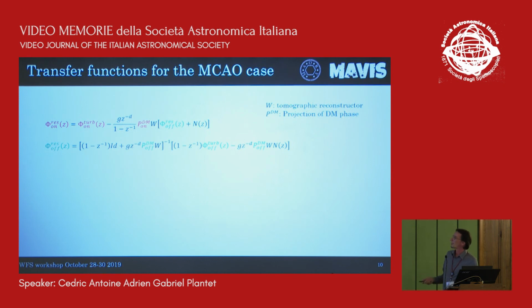And in this case, we can compute other transfer functions. So these are matricial transfer functions because we are in tomography and we need to see the effect of the reconstructor, the tomographic reconstructor, that is W here, and the projection from the DMs. So you get formulas that are not so nice to see.